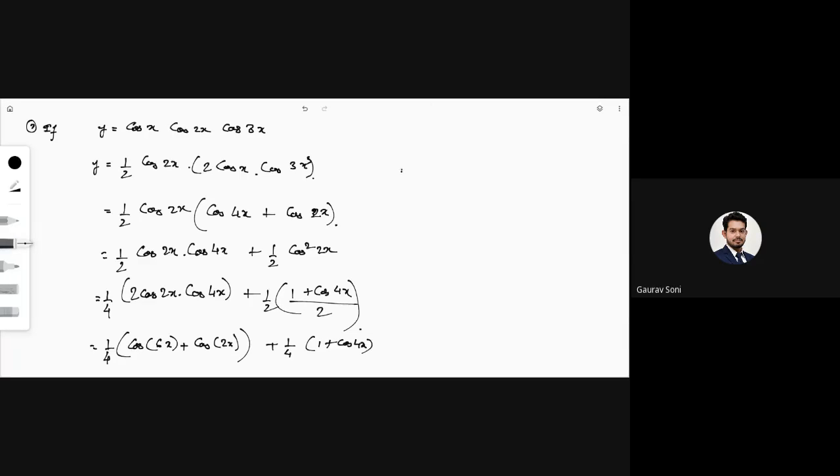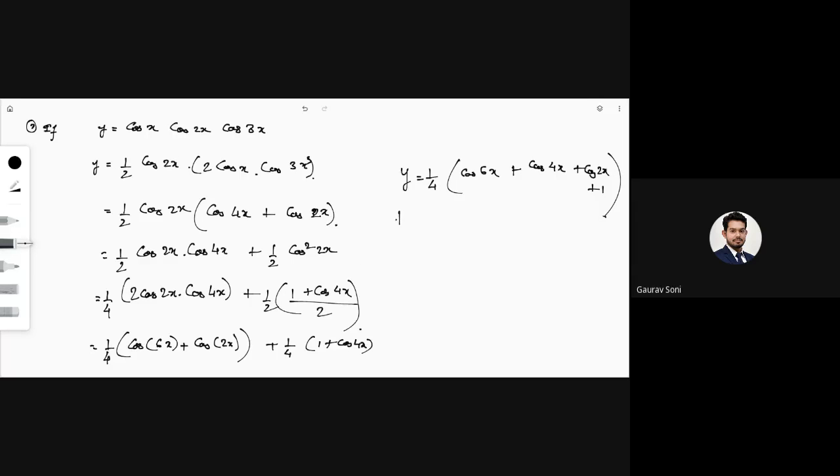So what y we have got is 1 by 4 in bracket cos 6x plus cos of 4x plus cos of 2x plus 1.